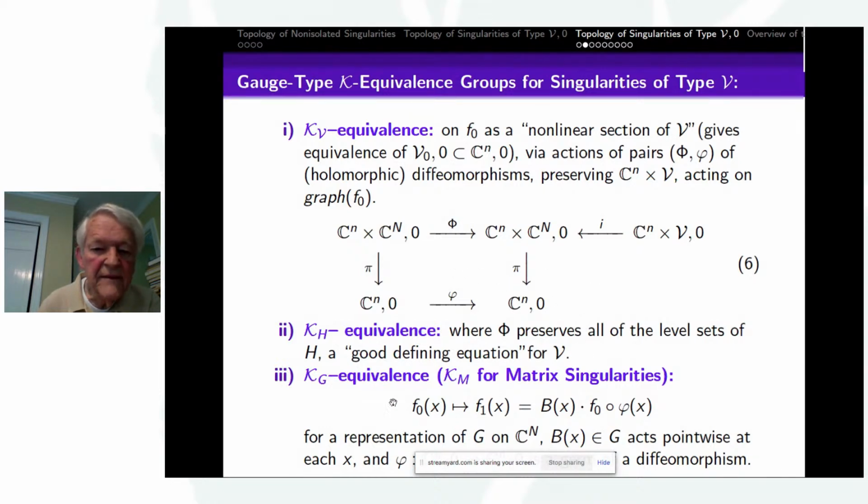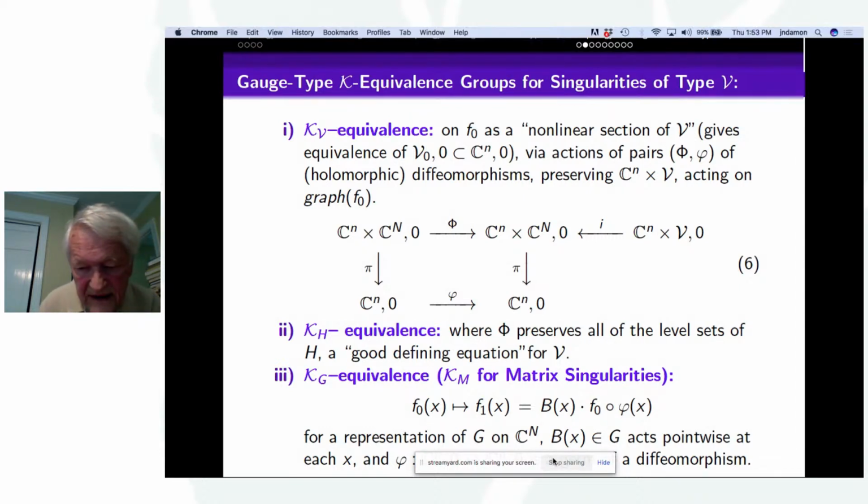And then thirdly, there is the group which has been standardly thought of for matrix singularities. It actually arises from having a representation of a group G on C^n. And what you want for this phi is for an action of elements of G, which vary with each point, acting on F0 in this case.